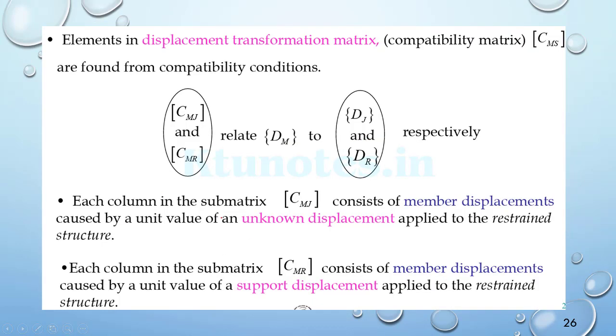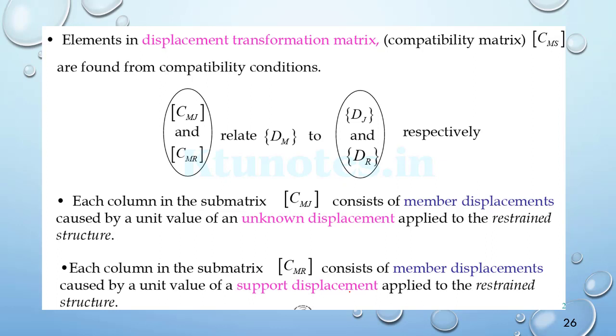Each column in the submatrix of CMJ consists of the member displacements caused by the unit value of the unknown displacement applied to the restraint structure, and CMR consists of member displacements caused by the unit value of the support displacement applied to the restraint structure.